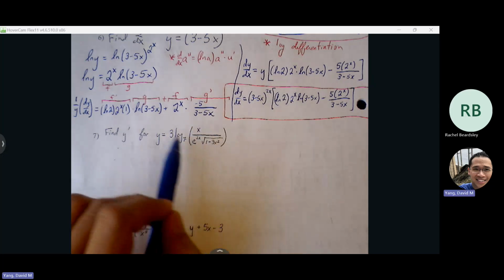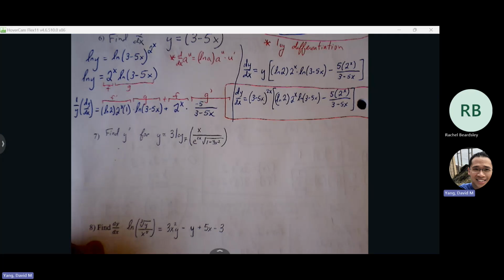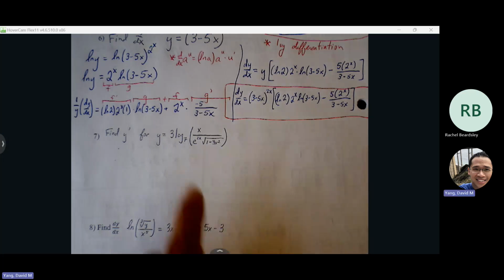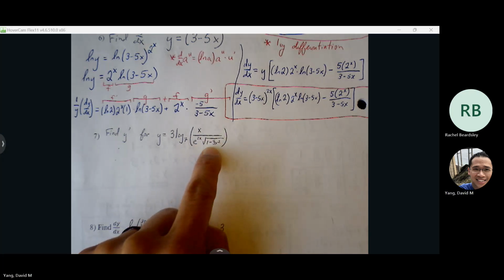We jump directly into expansion. Again, no log differentiation unless I specify. So no log differentiation here. You're just working the problem the way it's shown. So expand first. We have 3 terms that we can separate using expansion.